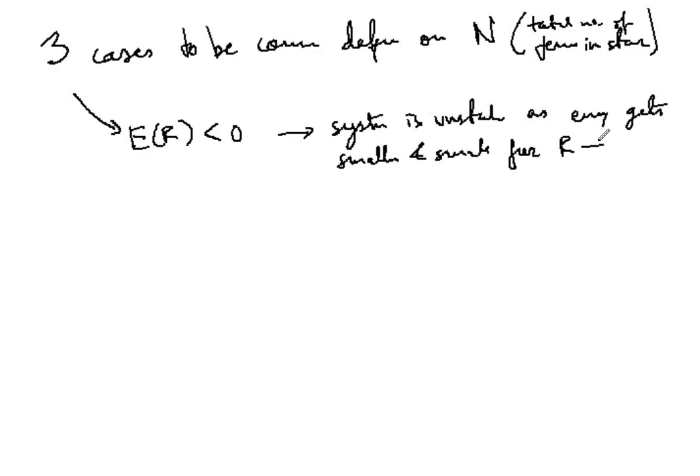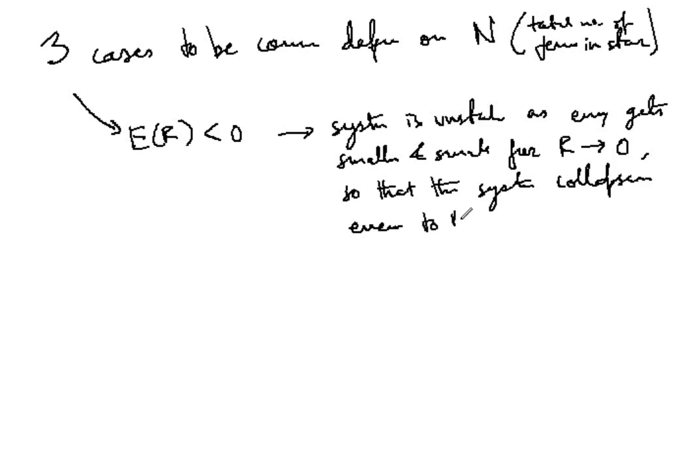R, what happens to it? R decreases as R tends to 0, so that the system collapses eventually to what? Black hole, of course.